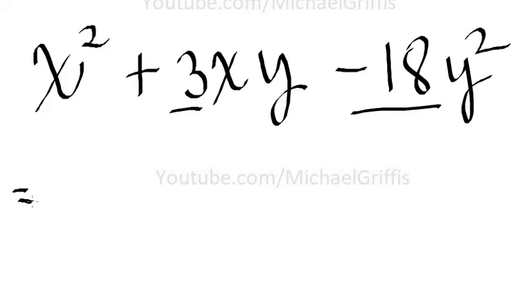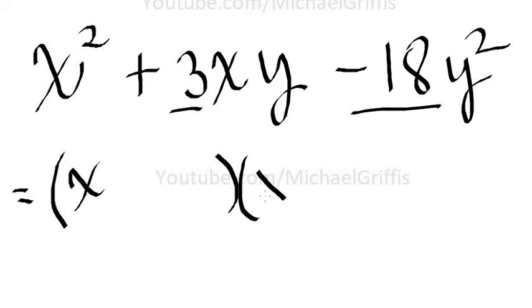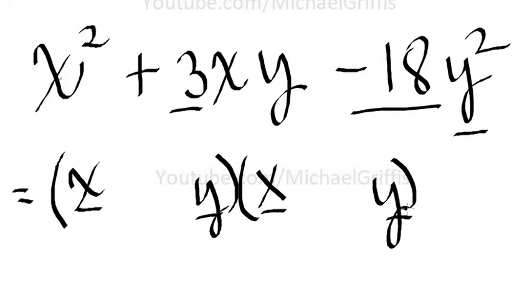We know the first two terms are going to be an x, because when we multiply this x times this x, we're going to get x squared. We multiply the last two terms, we know we're going to get a y squared. So let's go ahead and put those in there.